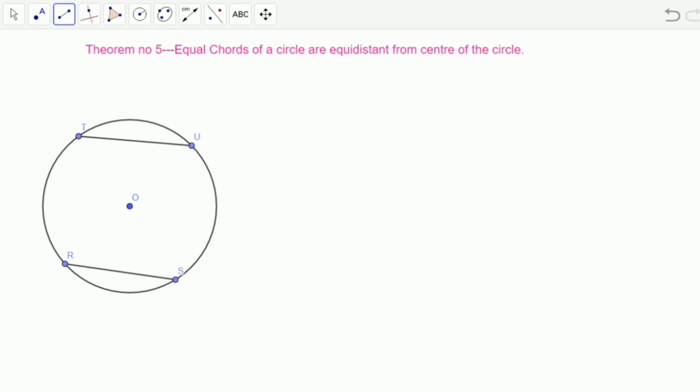Let's take a new color. Okay, what's given? Given the two chords are equal. First is a circle which has a center O and radius R, and two chords TU equal to RS.